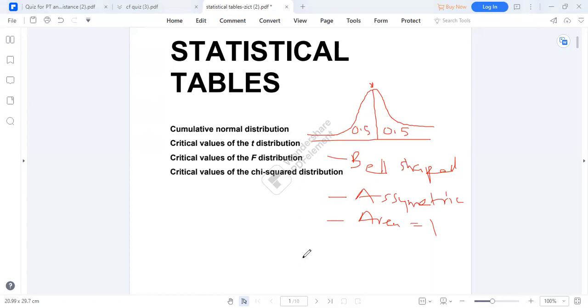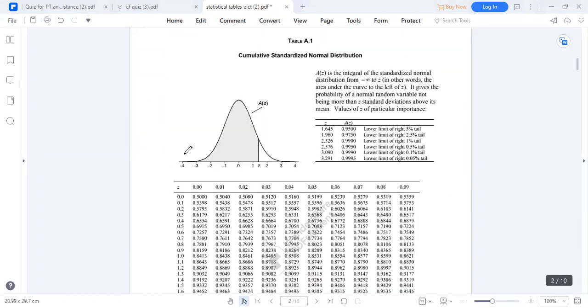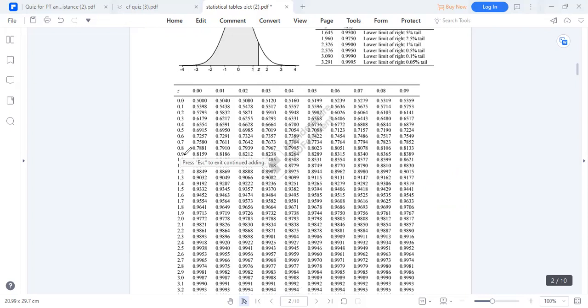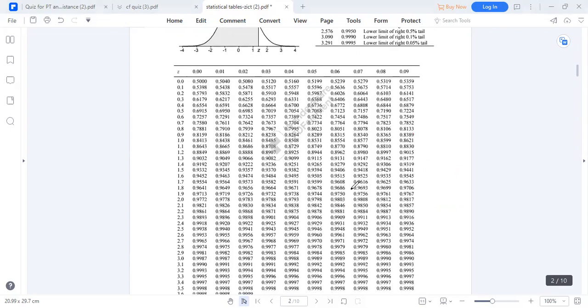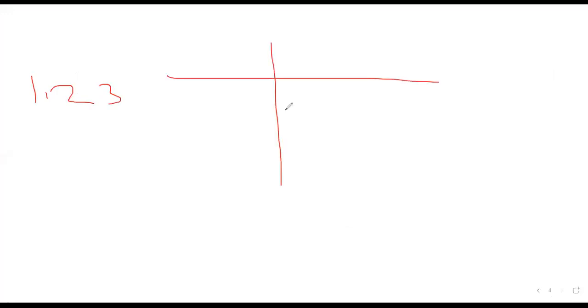Now we can go to understanding how to read these distributions. We read this distribution such that if we have 1.23, we go here under 1.2 and 0.03 where they meet.